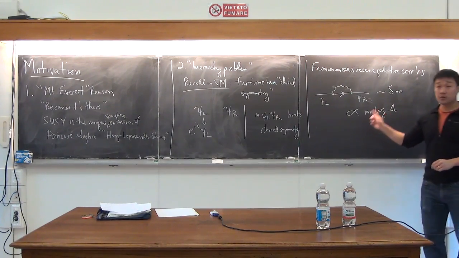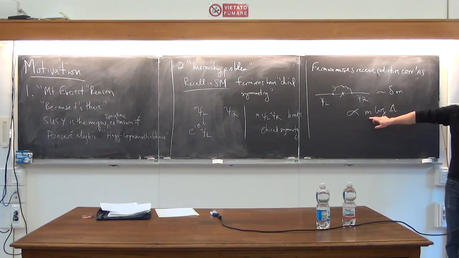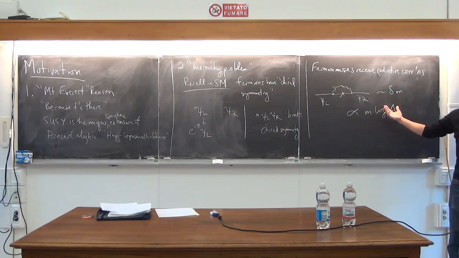Okay, so this is what chiral symmetry does for you. For the fermion masses, it tells you that the divergence is at most a log. Okay, and as long as the mass parameter is small, then the one-loop correction to it is also small.